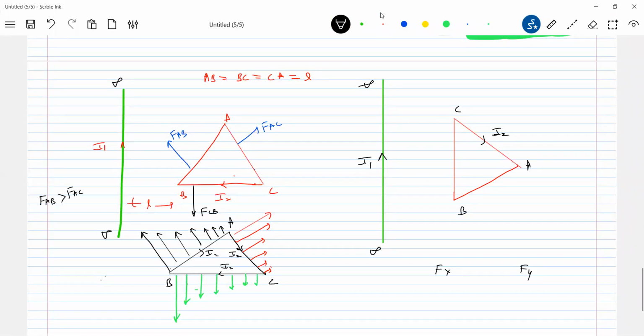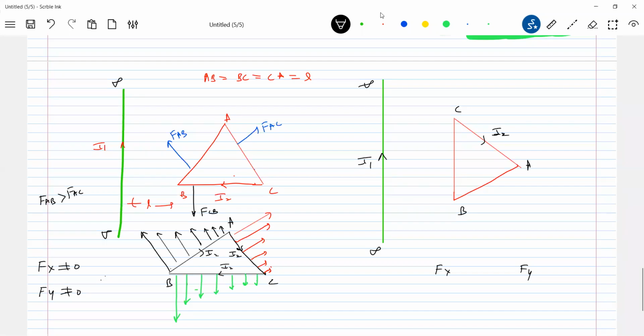So the net force along x-axis will be towards left, no? So Fx non-zero. What about Fy? Will be non-zero? Sir, in what specific direction can I say clearly? Because FAB will be greater than FAC and the net force will be towards left. The loop will tend to move towards left, if set free.